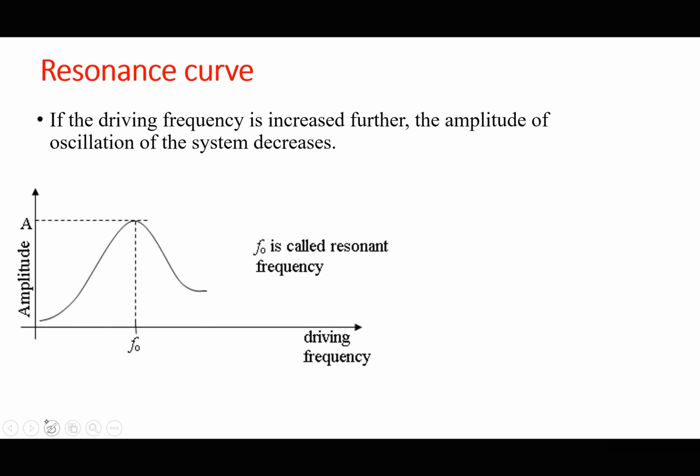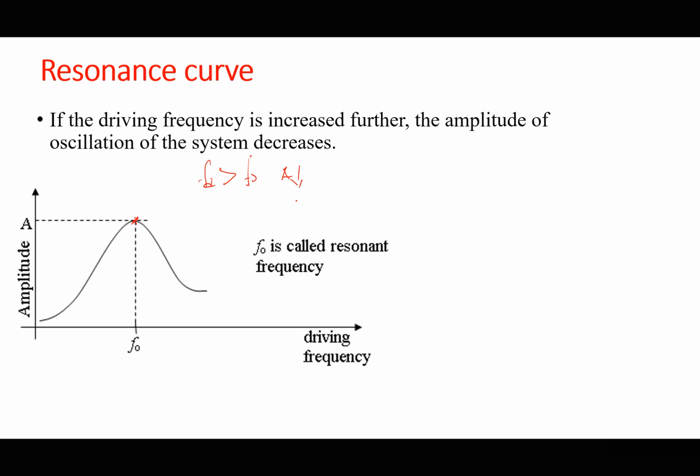If the driving frequency is increased slightly, the system which is being driven absorbs more and more energy and vibrates with maximum amplitude. If we increase the driving frequency beyond the natural frequency of vibration, then the amplitude is going to decrease. The system instead loses energy to the driver.